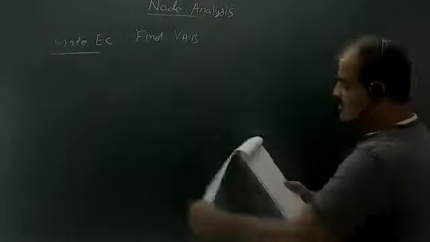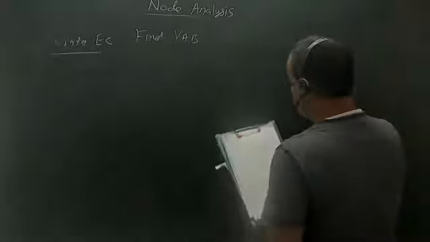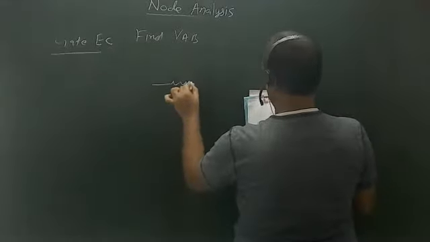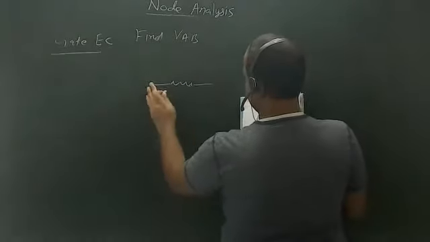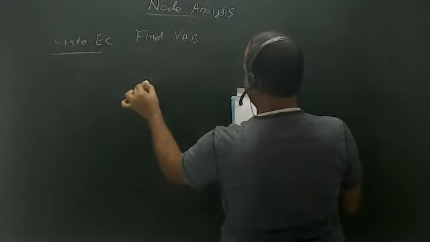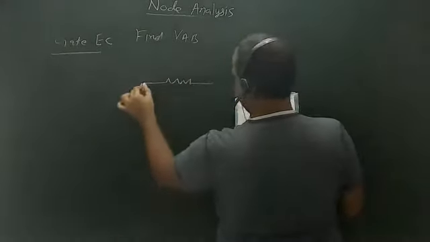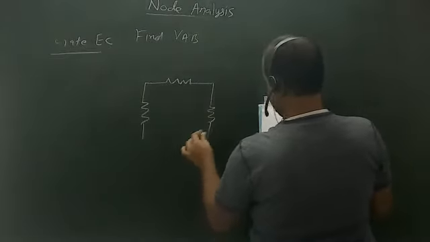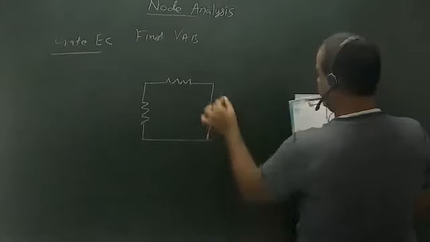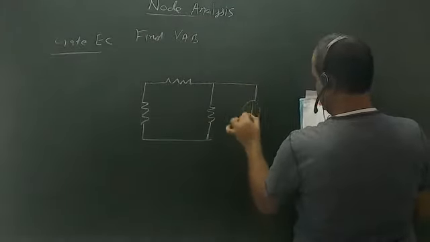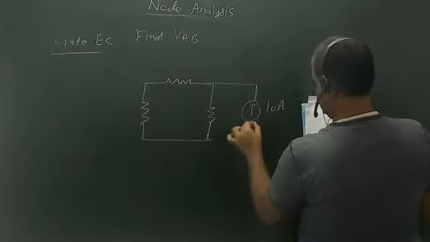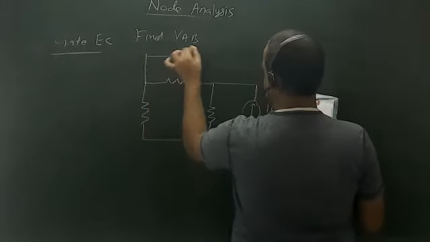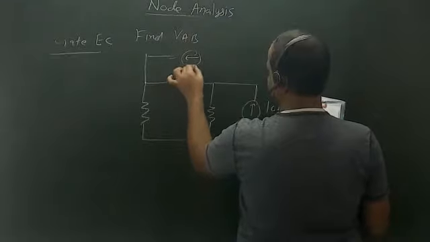Now we'll see if there are two variable voltages, two nodes with variable voltage. This is a 5 ampere current coming here.